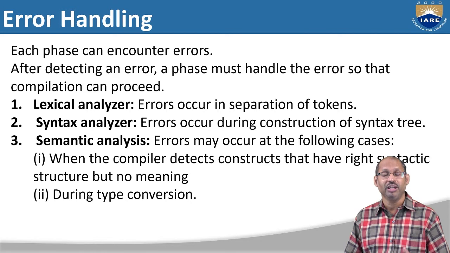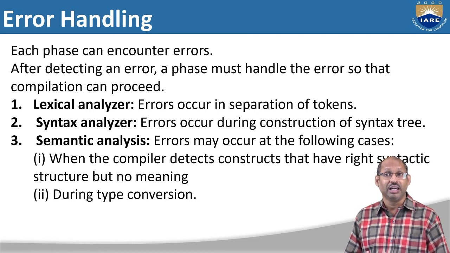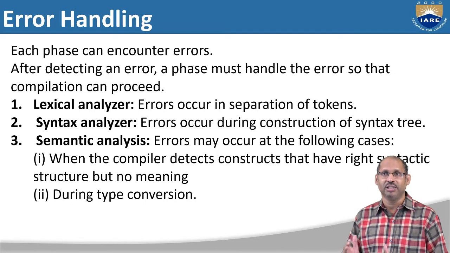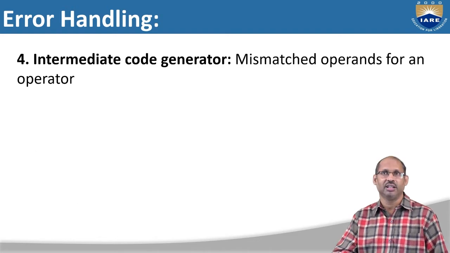If one is a float variable and one is an integer variable, then the integer variable is converted to float, and both will be the same type. So if any type conversion is required, it will be taken care of by semantic analysis. But if it is unable to do the type conversions, then it will generate semantic errors.